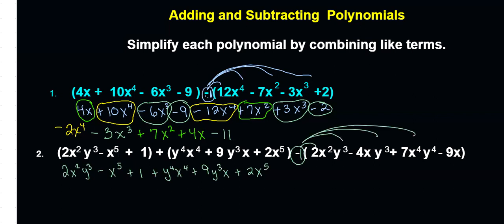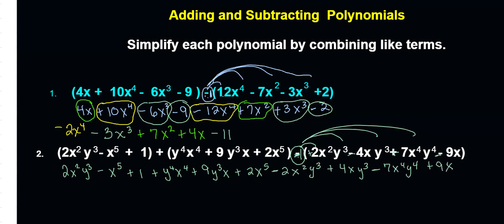A negative times a positive is a negative. A negative times a negative is a positive. A negative times a positive is a negative. And a negative times a negative is a positive. So all you have to do, and it's a -1, is go through and change all your signs and you're golden.